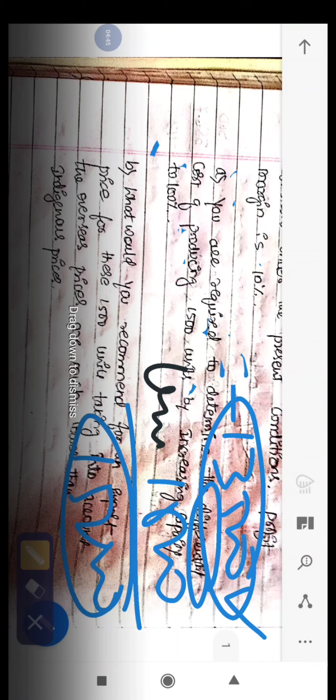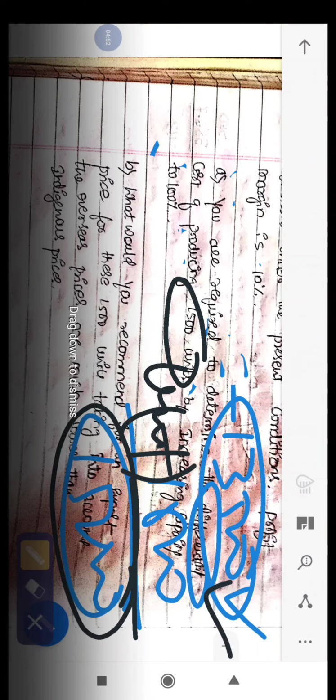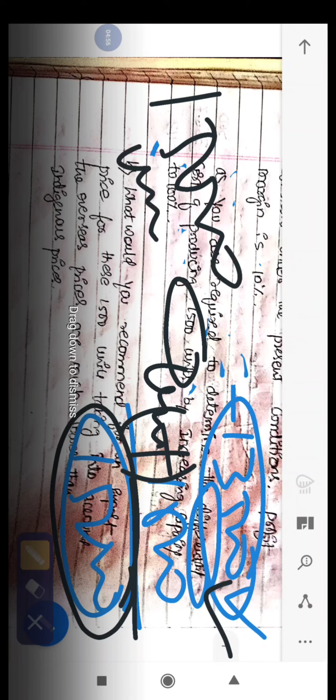So in case of 15,000 units manufacturing, what will be the selling price? Differential selling price we have to determine.